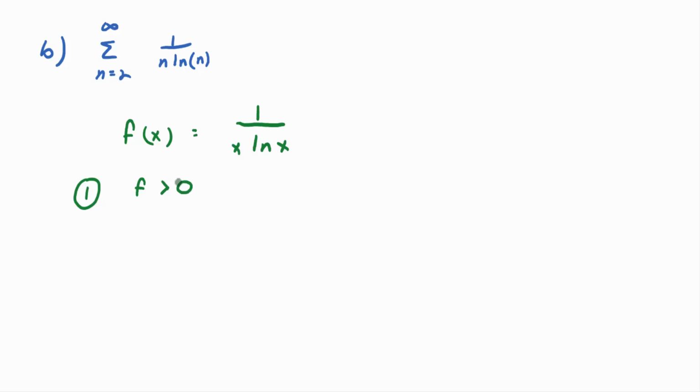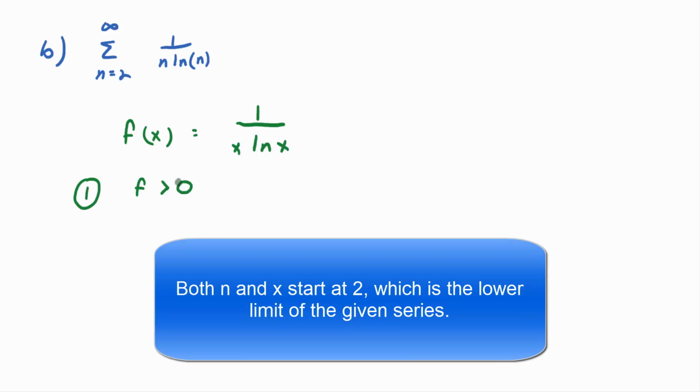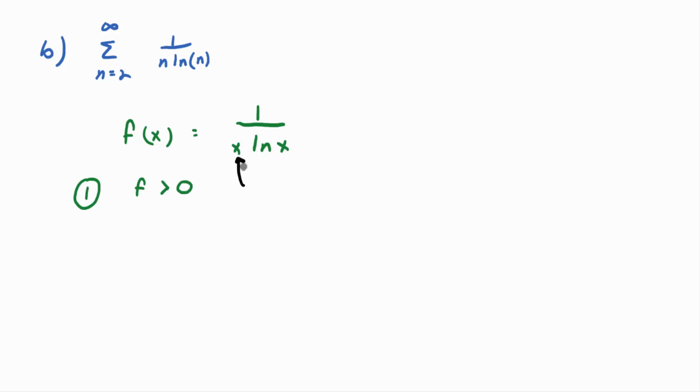Are we going to have any issues with f being positive? No, because x, now think about it. x is going to go from 2 to infinity, right? x is going to be bigger than or equal to 2. Certainly this factor, x, is bigger than or equal to 2 if x is defined to be bigger than or equal to 2. And so is the natural log of x, right?